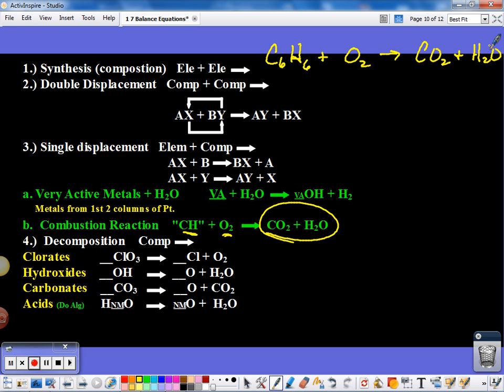Yep, could be. All right, so co-host, I know what the products are. All I have to do is balance. And to balance this, it's going to be something like this. All right, so that balances that. Okay? I'm not going through the balancing part of it unless you need me to help you with it.